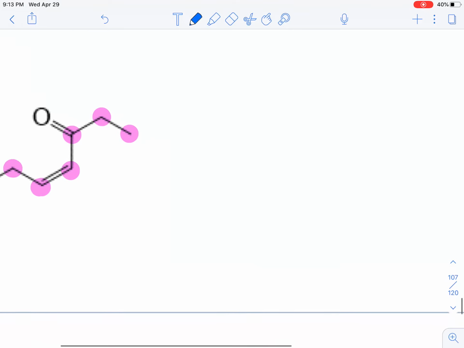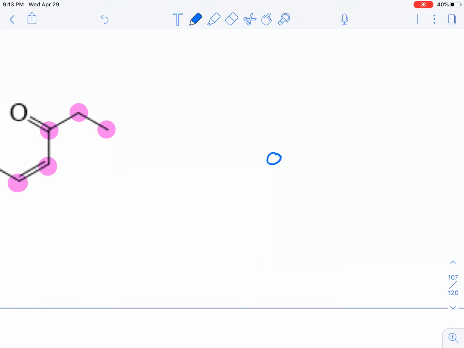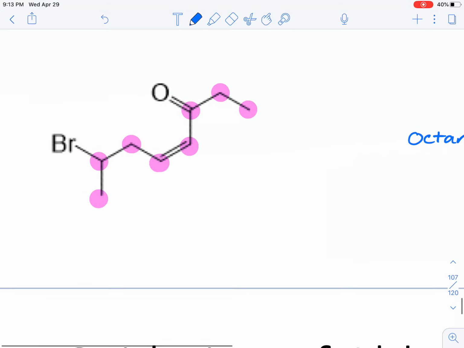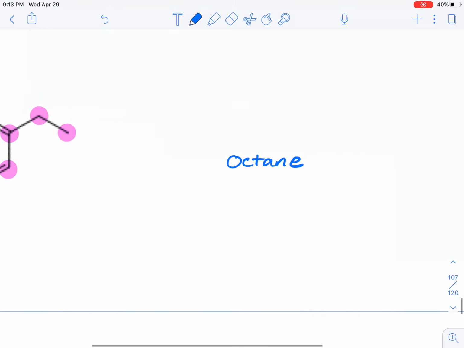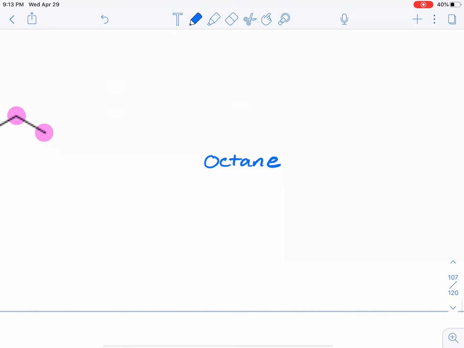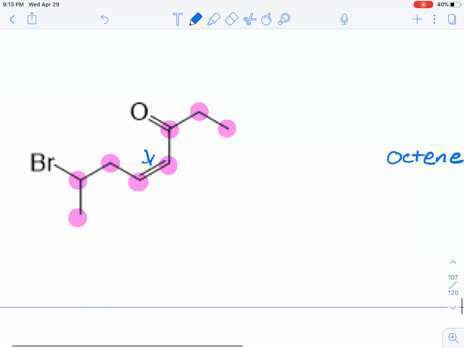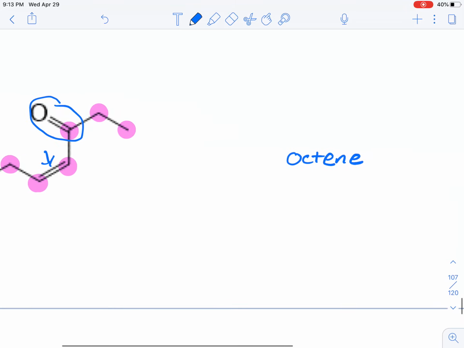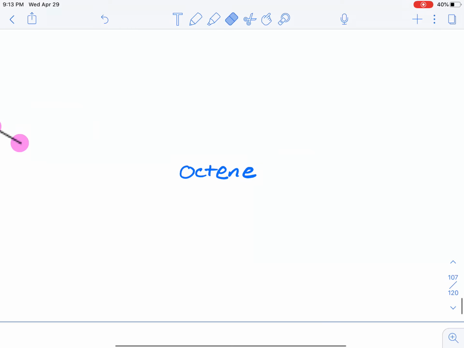So here I have octane, but I have a double bond in that chain, so it can't be octane. It will have to be octene. And I have a ketone, and so it can't be octene, it has to be octanone.